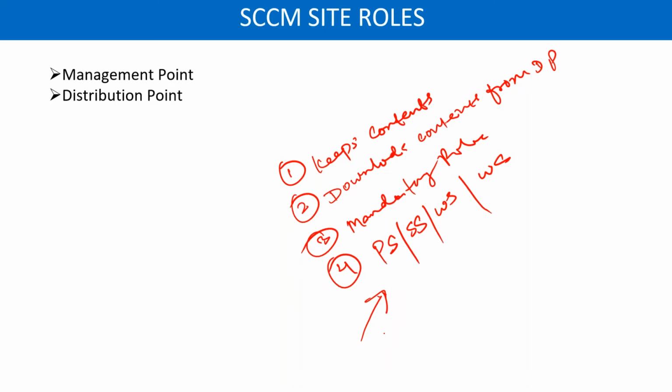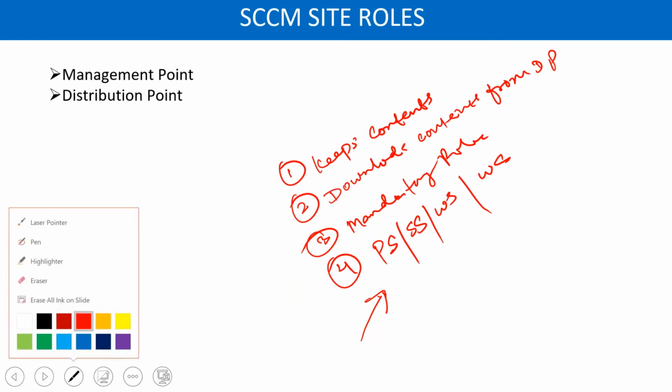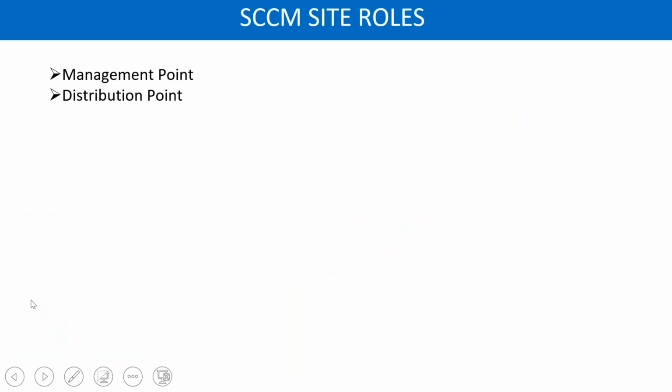Clear, everyone? Kashif, just one point I want to ask you. As you told, the SCCM server is present in New York, and in Mexico one DP is there, and at another location one DP is there. So if a client is in Mexico and wants any software, it will come from the Mexico DP only.